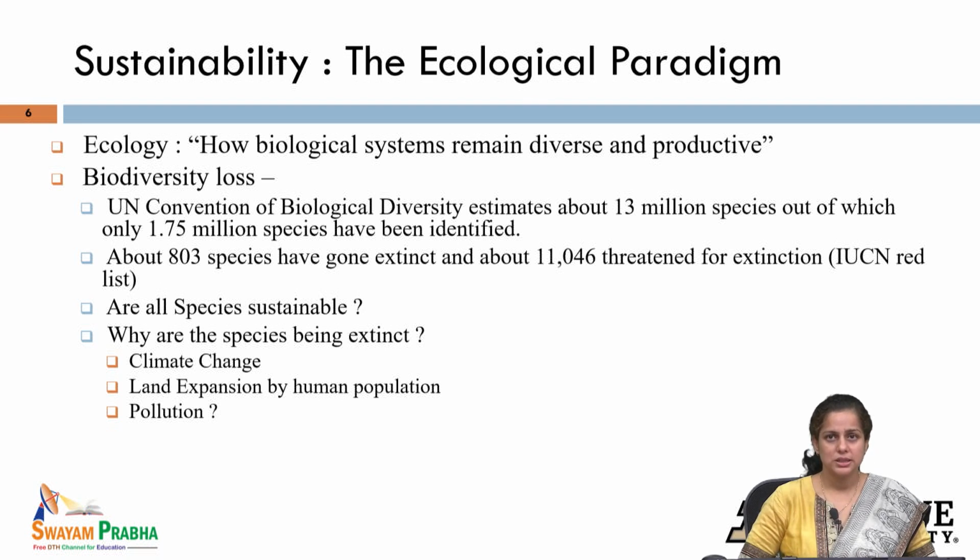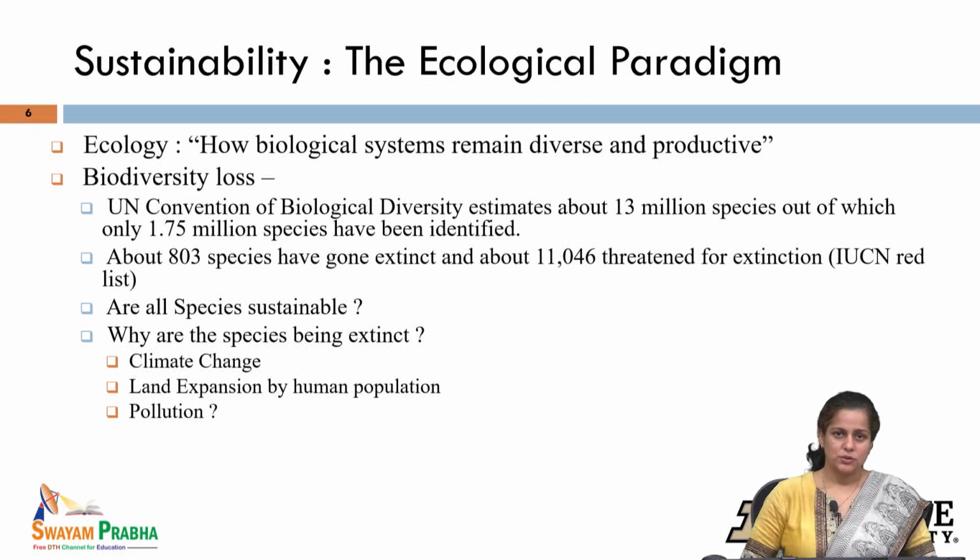The IUCN maintains a Red List which highlights the different species on Earth that are going extinct. Of course, that leads to a question: are all species sustainable? We have historical evidence of different species on Earth that have gone extinct during different meteor attacks on the Earth system.